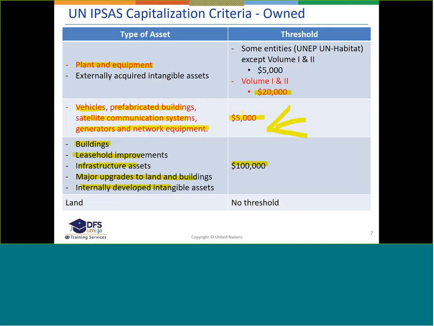So this capitalization threshold and the UN IPSAS capitalization criteria will help you to determine from the business perspective if there should be an asset master record. Is this clear? Meaning that I didn't tell you yet how the system operates.